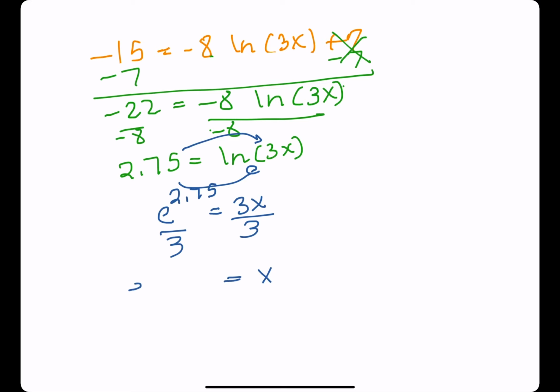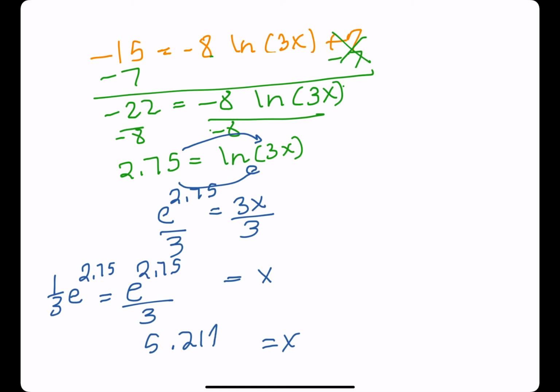So the exact answer is e to the 2.75 power divided by 3, which you could also write as 1/3 e to the 2.75 power. Those are both exact answers. If you wanted a decimal approximation, it's 5.214, putting that in the calculator.